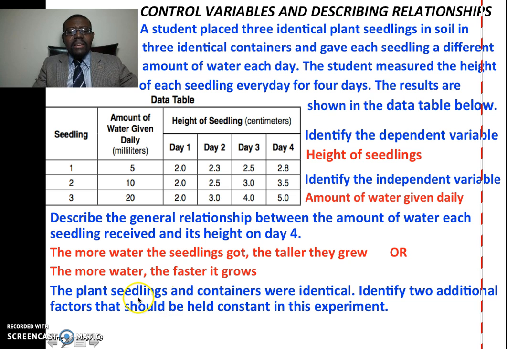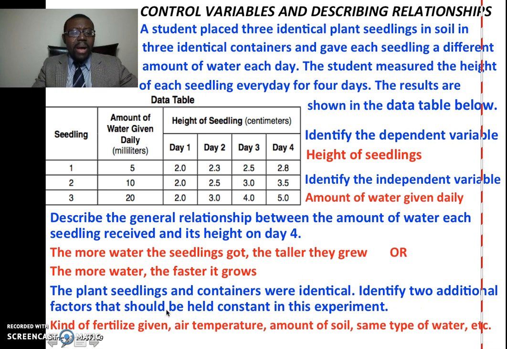Besides the plant seedling and the containers being identical, the other things we are keeping constant or the same are the kind of fertilizer given, air temperature, amount of soil, and the same type of water. Remember, in this experiment the amount of water is what we are changing.